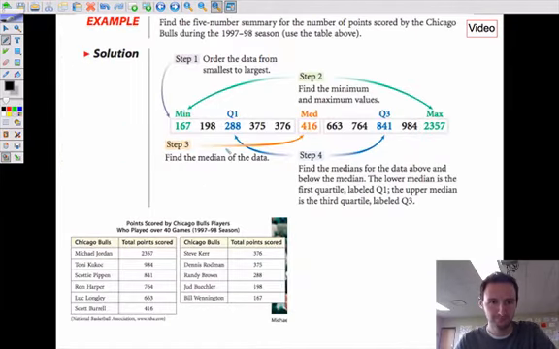So if we look at the next example, this is going to talk about a 5-number summary, and parts of the 5-number summary are the median. That's one part of it, and then we'll talk about these other parts.